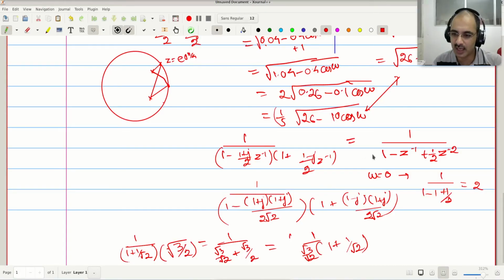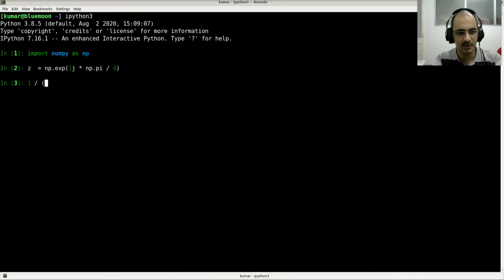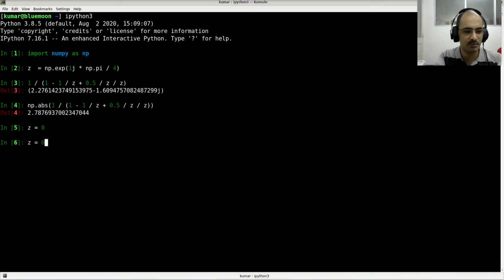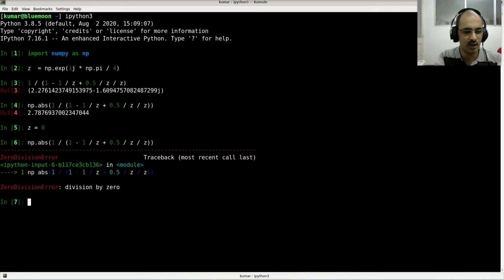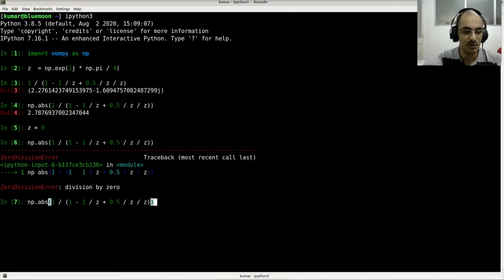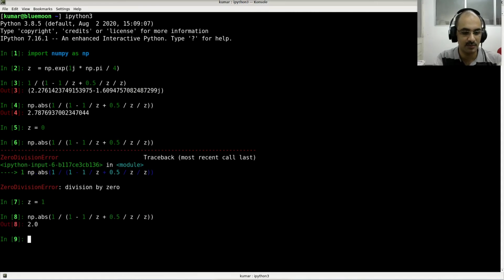And if I now plug in 1 upon 1 minus z inverse plus 0.5 by z squared, that gives me this number. I do np.abs of this, I get 2.787. If I now substitute z equal to 0, sorry, I get a divide by 0. That's a problem. I should have put z equal to 1, I'm sorry. That's 2.